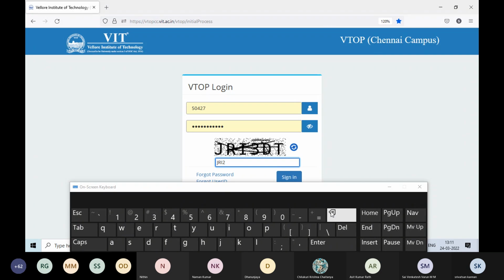MS Teams only. There is no other platform. They are not having any WhatsApp group.